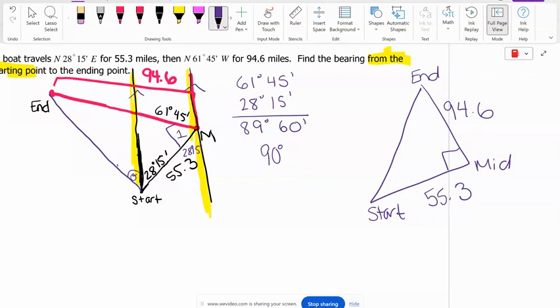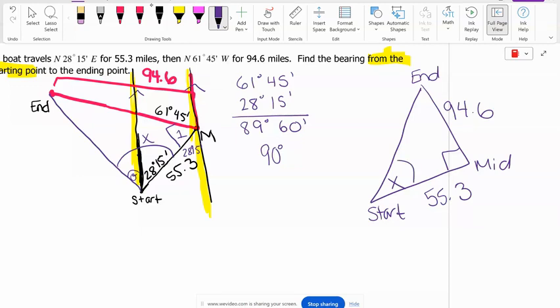Now I need this whole angle. I'm going to call this X. And once I find X in this triangle, can I then go back and subtract 28°15' from X, and that will give me my theta that I need? All right, so that is the plan. So we're going to solve for X.